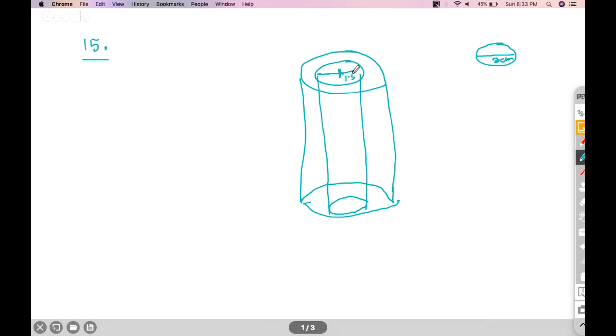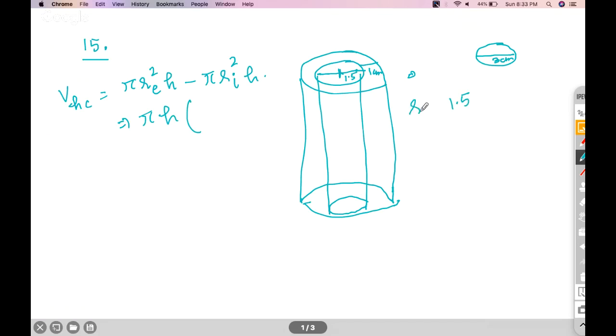It means that this is 1.5 centimeter and this thickness is 1 centimeter. So the volume of hollow cylinder would be pi r external square h minus pi r internal square h. So I am taking pi h outside. R external would be R internal plus thickness T. So R internal is 1.5, thickness is 1. So R external comes out to be 2.5 centimeters.